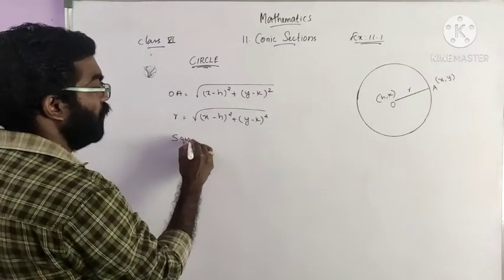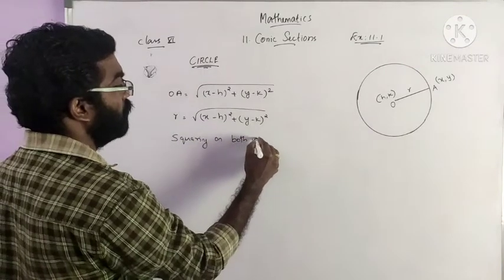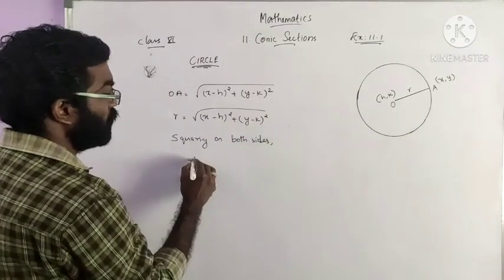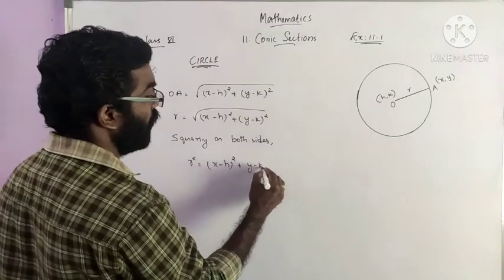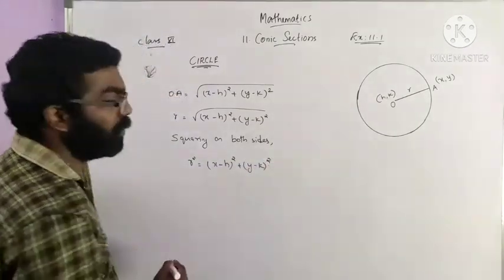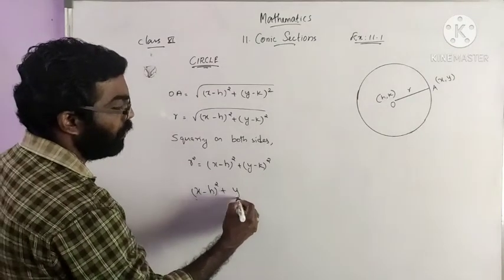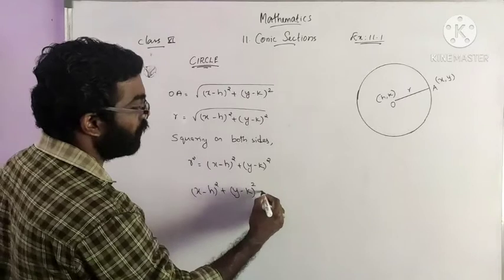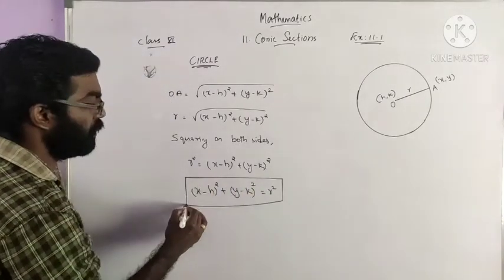And on squaring we get r square is equal to x minus h the whole square plus y minus k the whole square. Or we can write x minus h the whole square plus y minus k the whole square is equal to r square. This is called the equation of a circle.